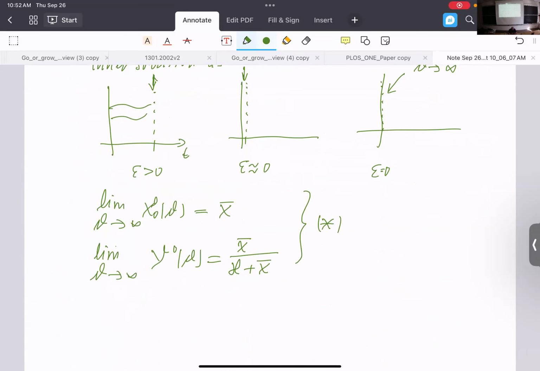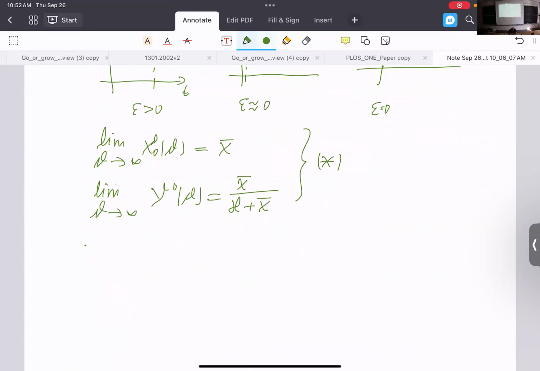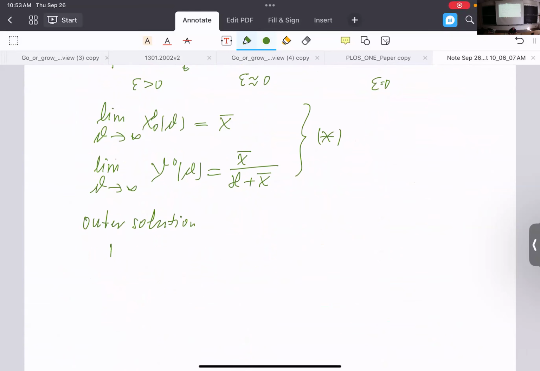And now we look at the matching condition for the outer solution. What does the outer solution do for the same limit? So I plot again the three graphs. When epsilon is kind of large, the outer solution sits here.